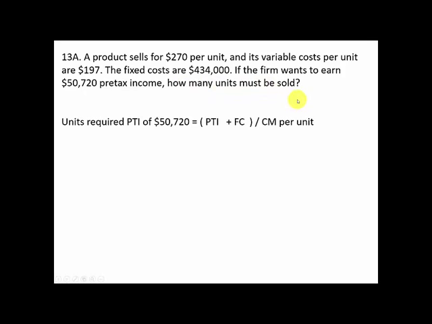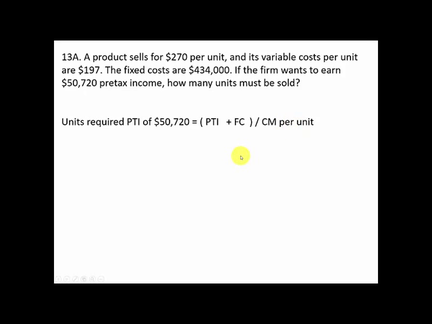All right, here's the formula for units required for pre-tax income of $50,720. You've got to recover your fixed cost, and you've also got to recover your pre-tax income. You recover both of those by selling items, and the way you recover them is the profit you make every time you sell an item, which is the selling price minus the variable cost, the contribution margin per unit.